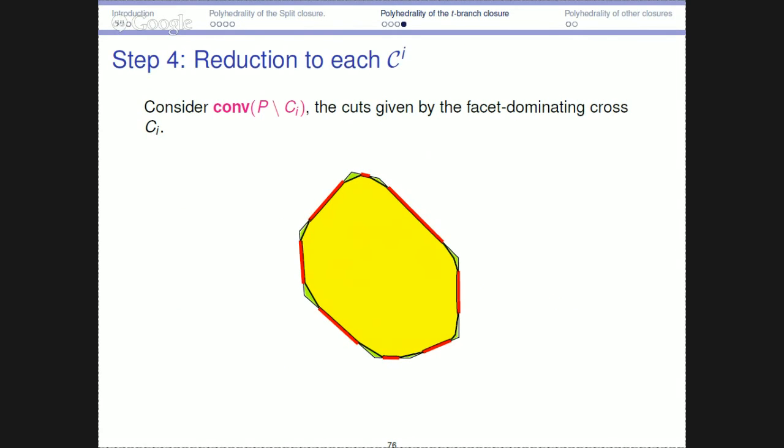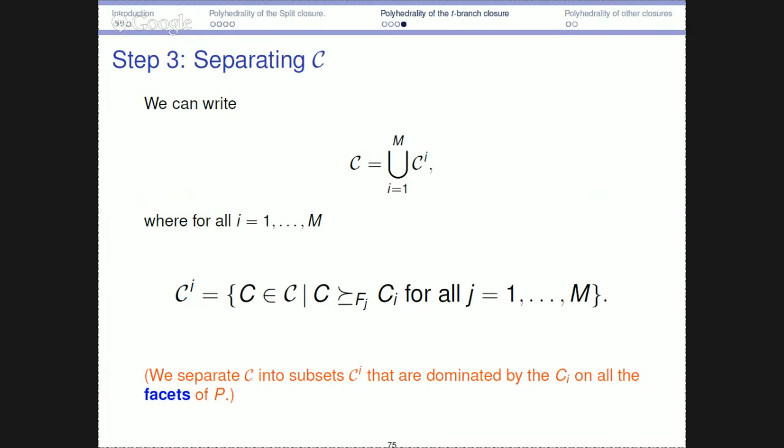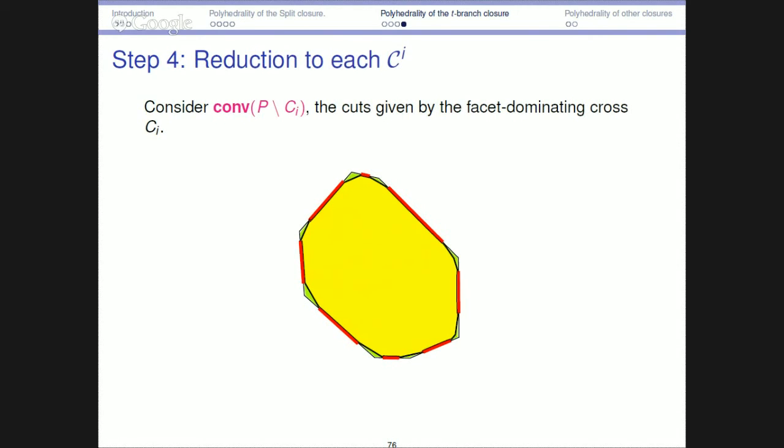So now for each CI, we'll approximate the cross closure not by the infinite intersection of these sets, but just by one of them, the one given by the cross dominating in this set CI. So each cross here is dominated by this CI. So this is the approximation now.